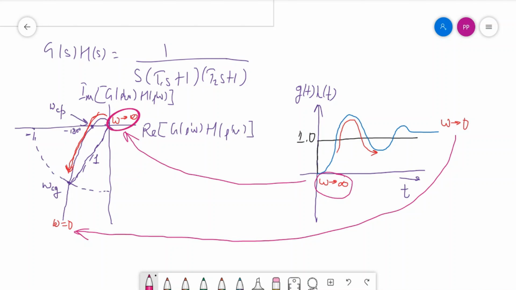Once you start from the origin, and depending upon the kind of system, you will get different gains of the system, because initially when there is input to the system, it will gradually try to follow the forcing function, that is the input. Suppose in that case it is 1.0, so the system will try to follow this. Because of that there could be overshoot.